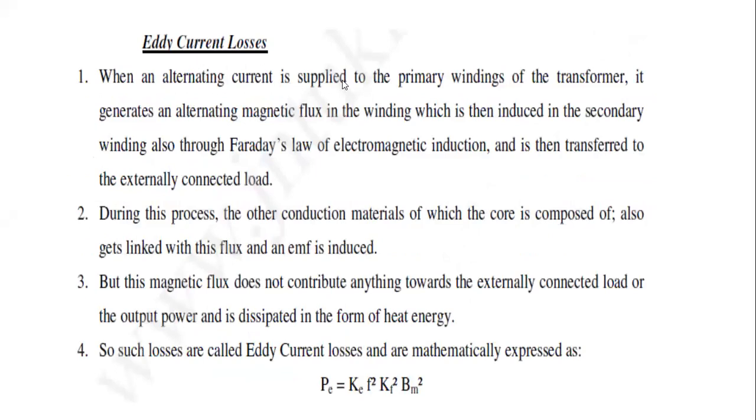When an AC supply is given to the primary winding of the transformer, it generates an alternating flux. The transformer is externally connected to the load.